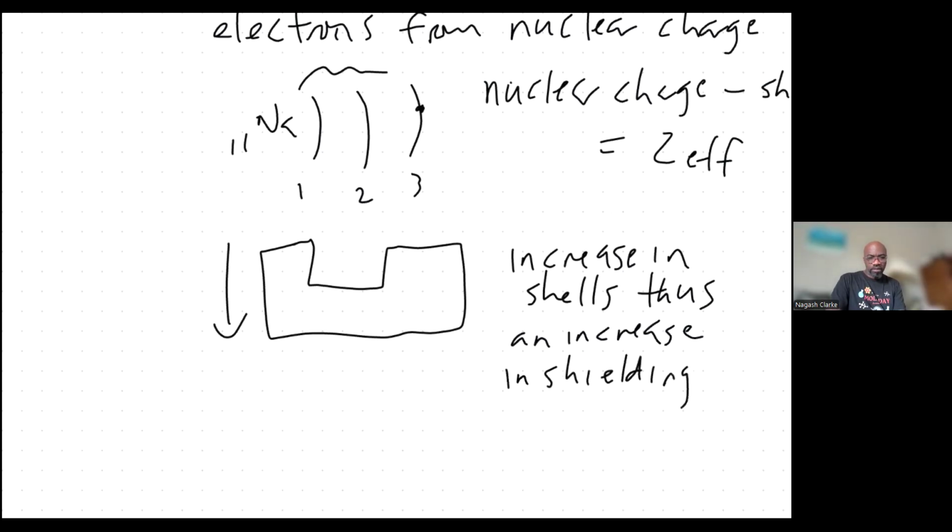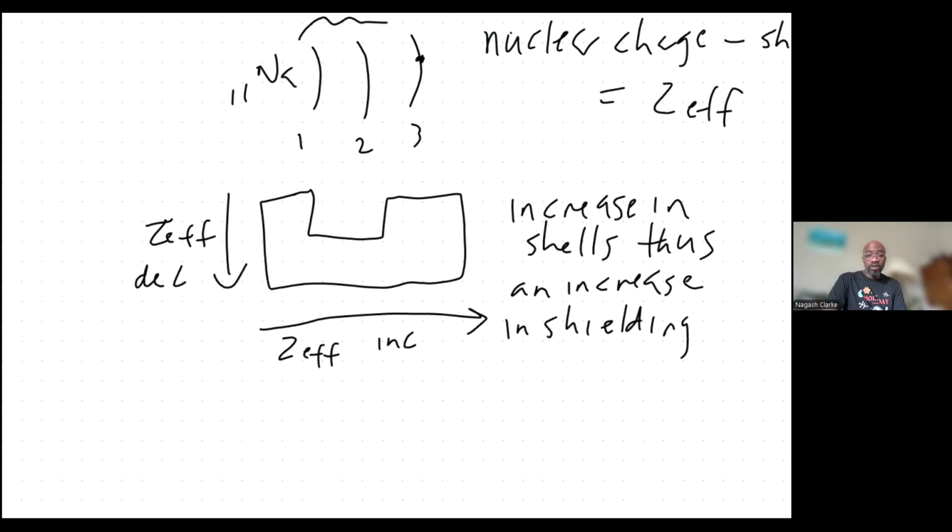So my ZEFF decreases. However, as we go across, ZEFF increases. There is no increase in shells. We're keeping the same number of shells as you go across. Like for example, if I start from sodium and go all the way across to argon, I'm still seeing three shells.